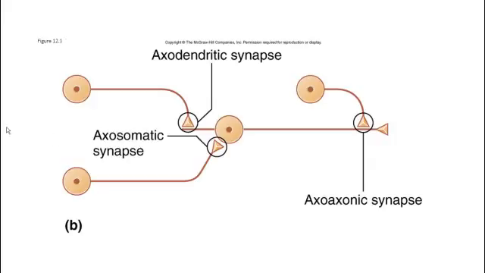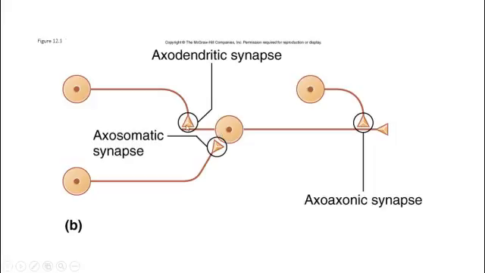So there can be synapses between, so this is the cell body, this is the axon, and here's this little triangle here is the end of the axon. This is a dendrite, and so if you're trying to send that sensory impulse along a sensory nerve, and then you want to send it along another sensory nerve to get it up to the brain, for example, you could synapse onto another dendrite, then that would send it to the cell body along the axon, and then again you could send it somewhere else.